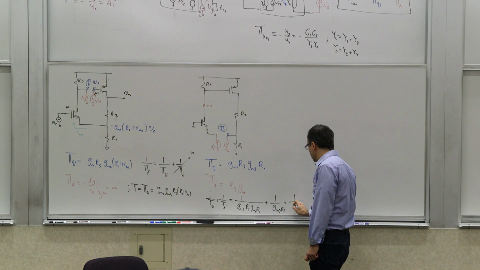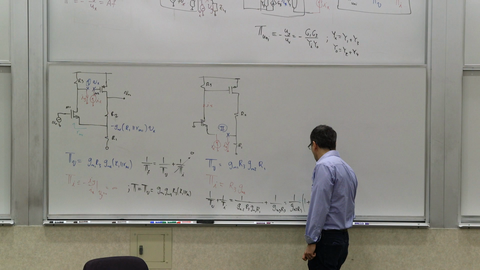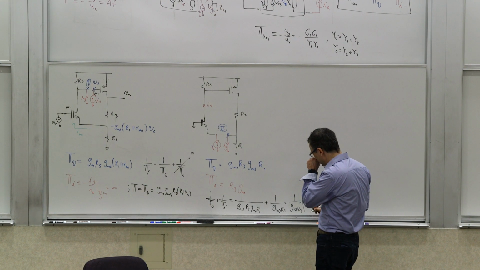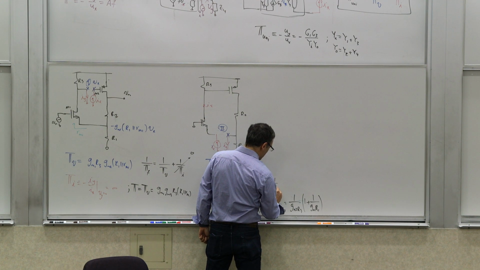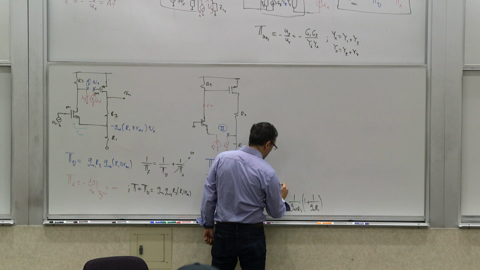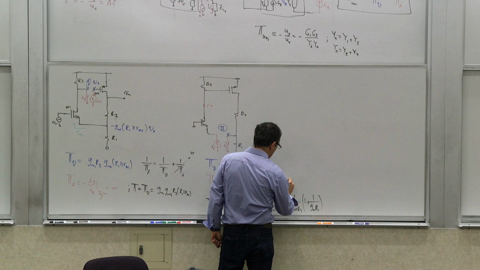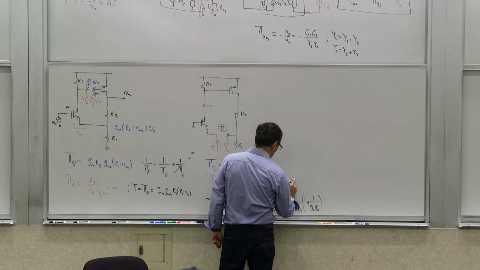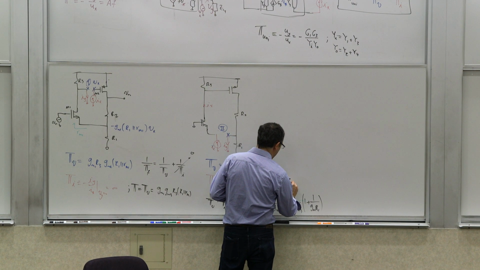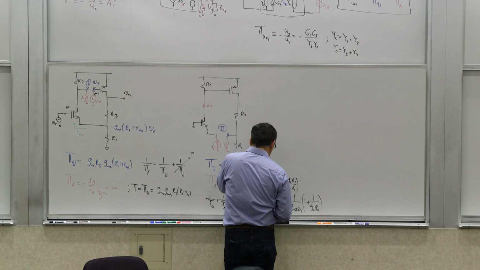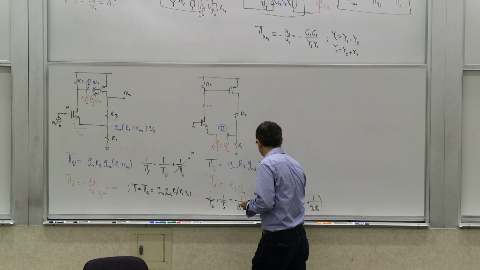So you get 1 over Gm2 R3 times 1 plus 1 over Gm1 R1, which you can modify to become 1 over Gm2 R3 times 1 plus Gm1 R1 over Gm1 R1. So this is 1 over T.